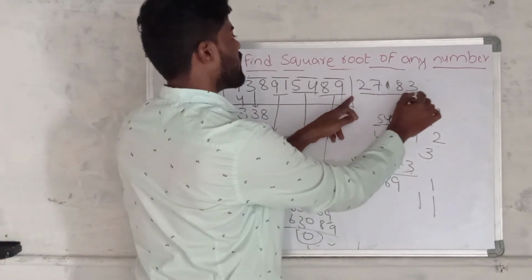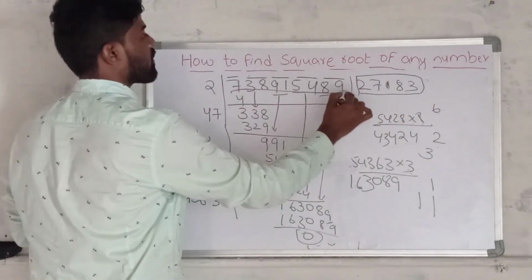That means 27183 is the square root of this number.